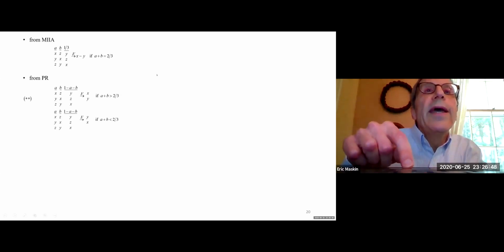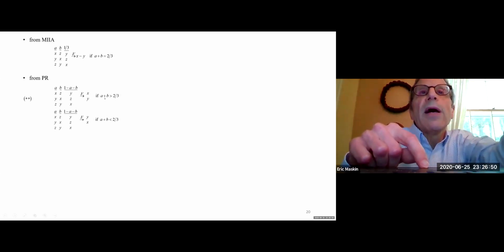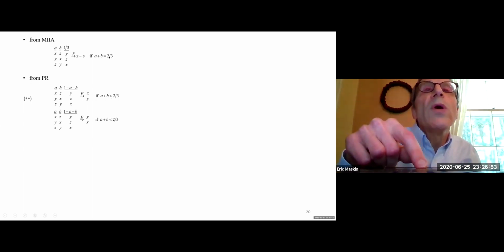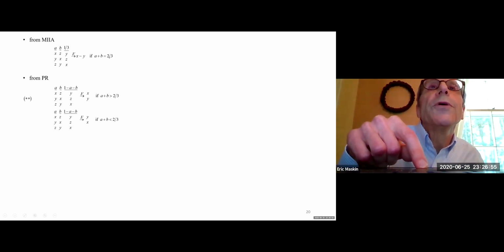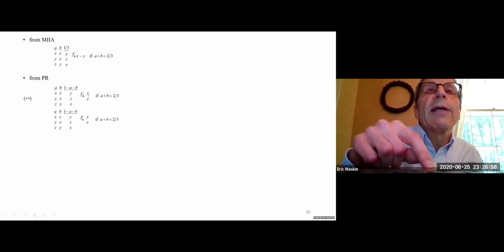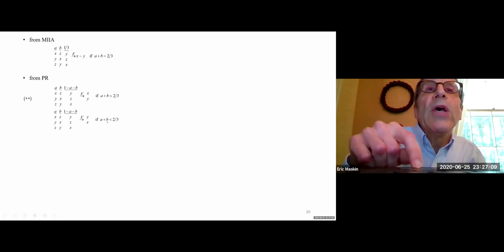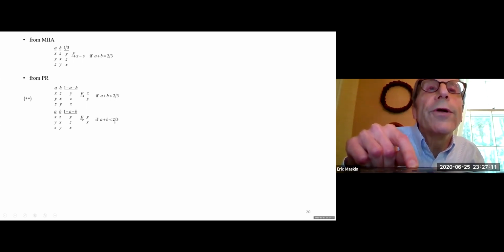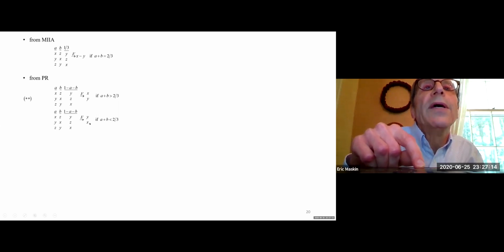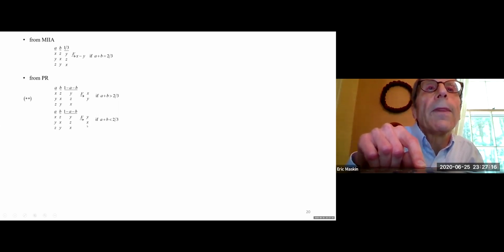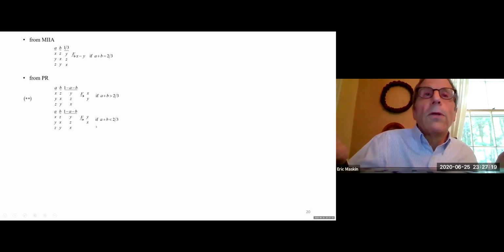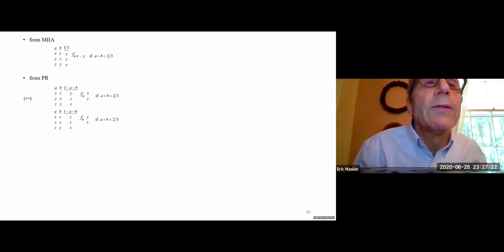Furthermore, if we increase the sum of A plus B so that now it's more than 2/3, that allows us to conclude from positive responsiveness that now X must be ranked strictly above Y, and if A plus B is less than 2/3, Y must be ranked strictly above X. So we now know a lot about our social welfare function.